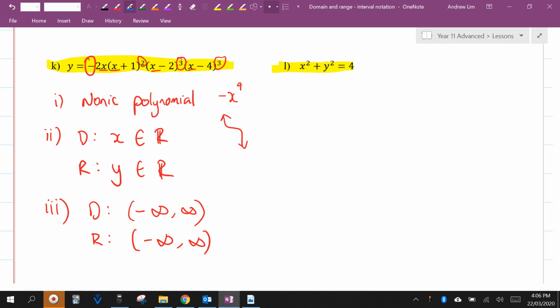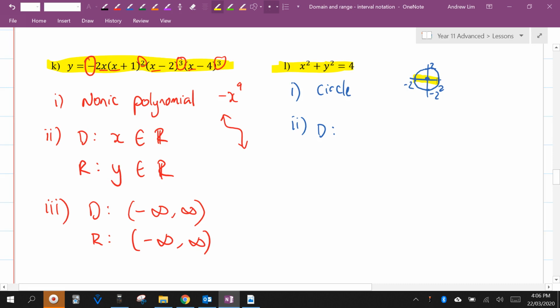Okay, question L. Here we have x squared plus y squared equals 4, which is a circle. A circle with a center of (0, 0) and a radius of 2. So we'll just draw our circle, a radius of 2. Therefore, the domain is from -2 to 2.